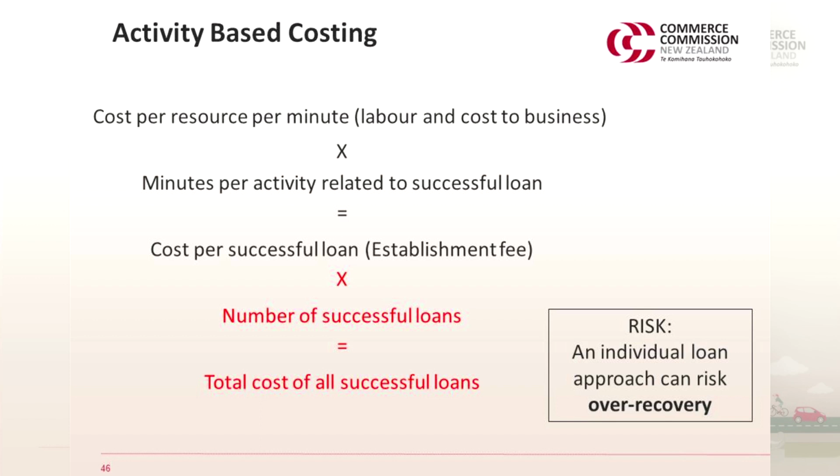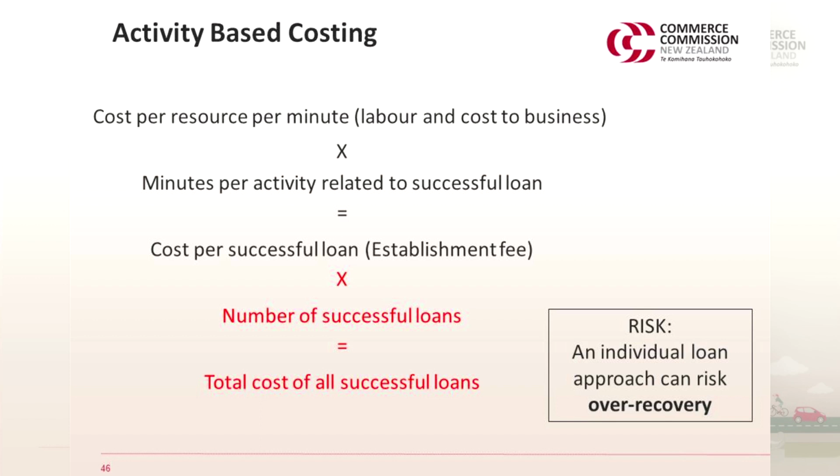Activity-based costing is the first one. This is a situation that I see as a downward look. This is where businesses will determine their cost per resource per minute. Stay with me. And that includes labour and business costs. So you've got the direct labour of the person who's involved in establishment activities, and then you've got the costs incurred with them, their desk, their chair, the portion of the rent, things like that.